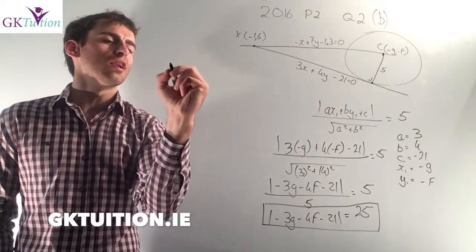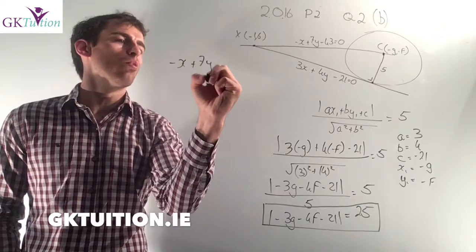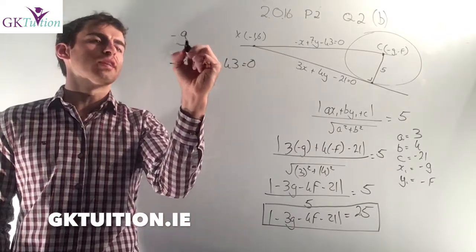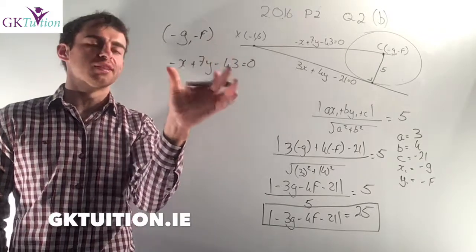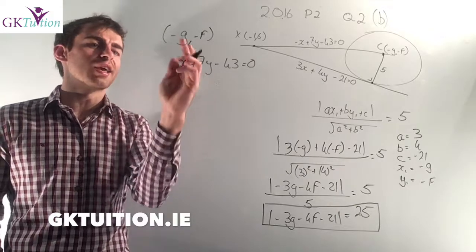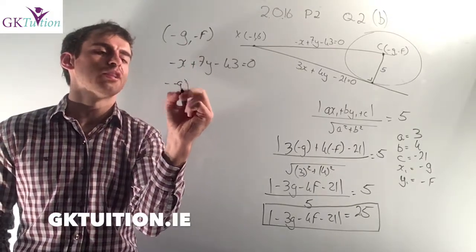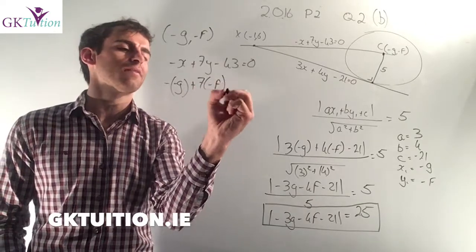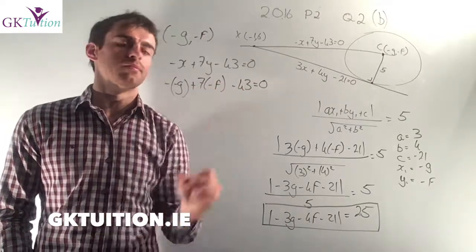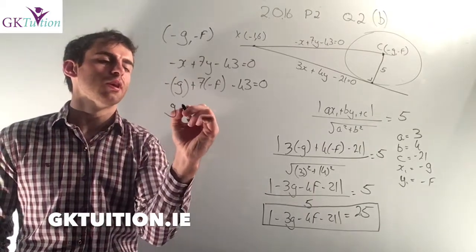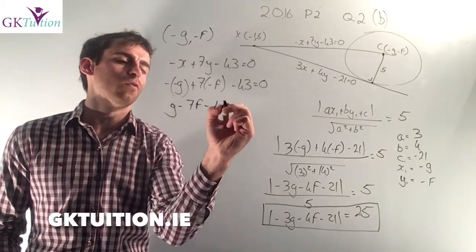So the equation of the line xc is minus x plus 7y minus 43 equals 0. And I know that the coordinate minus g minus f is on this line. So now I can just sub in. Instead of minus x, it will become minus g. Instead of 7y, it's 7 times minus f, and then minus 43. Which means my second equation in this case, minus by minus is plus, g minus 7f minus 43 equals 0.